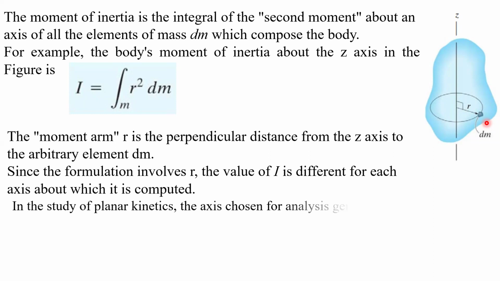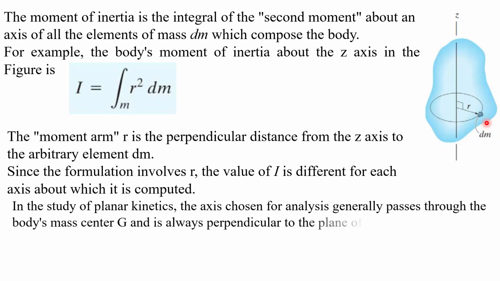In the study of planar kinetics, the axis chosen for analysis generally passes through the body's mass center and is always perpendicular to the plane of motion. Here, the plane of motion is the XY plane, and Z is the axis perpendicular to the plane of motion. So your moment of inertia will be about this axis.